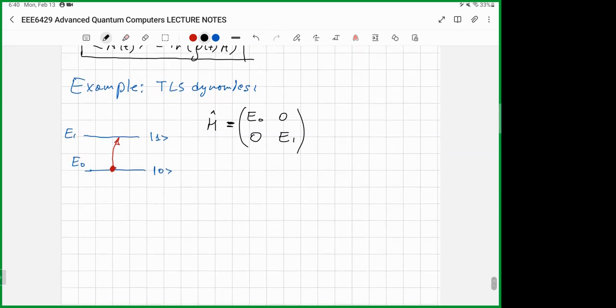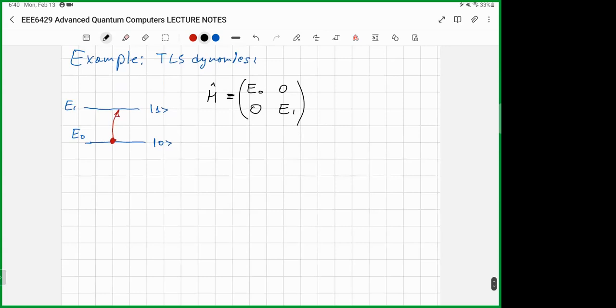At this moment, I also want to bring this formula that connects the energy with the so-called angular frequency. Sometimes we write the energy of a state as just the product of h bar, the Planck's constant, times this angular frequency omega. Like for a photon, sometimes we describe a photon in terms of energy, sometimes in terms of frequency.